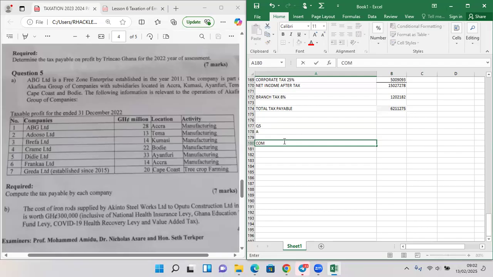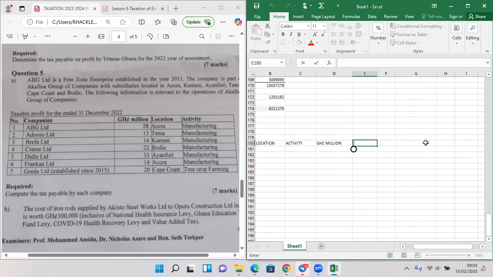The companies, location, activity, Ghana city, rate, tax rate, and then tax payable.